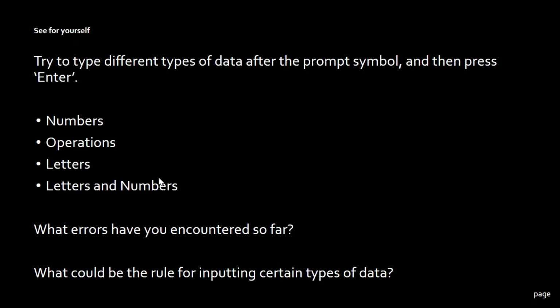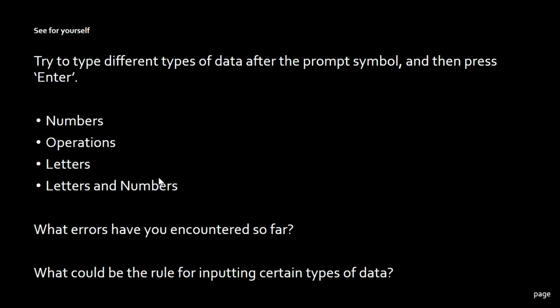I want you to see for yourself what will happen if you try to type different types of data. Remember, in coding, data is important. If we want our programs to be smarter and do a lot of things, then you have to provide some information to the computer. After the prompt symbol, try typing numbers, numbers with operations, letters, and letters and numbers.